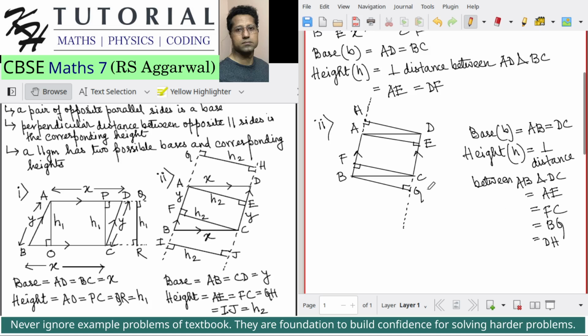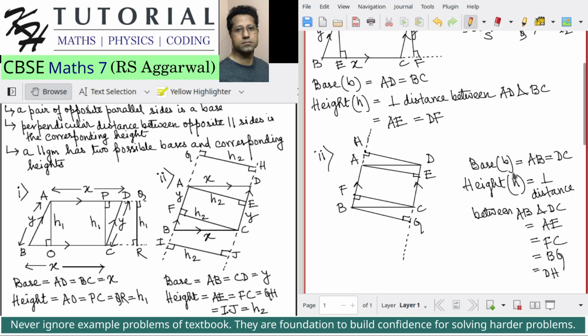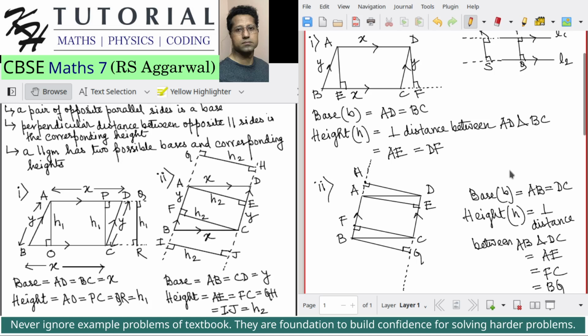So when we are considering AB and DC as the base, then AE, FC, BG and DH will be the corresponding heights. I hope it is now clear what is a base and height of a parallelogram.